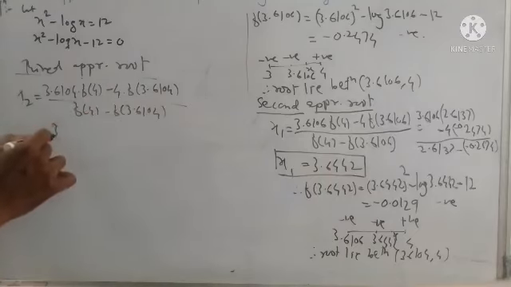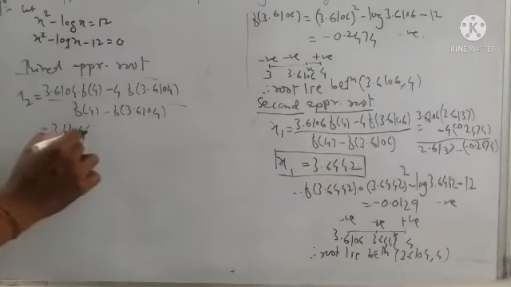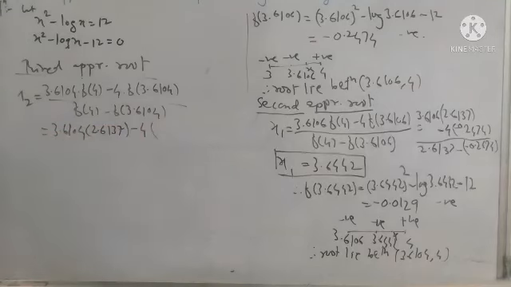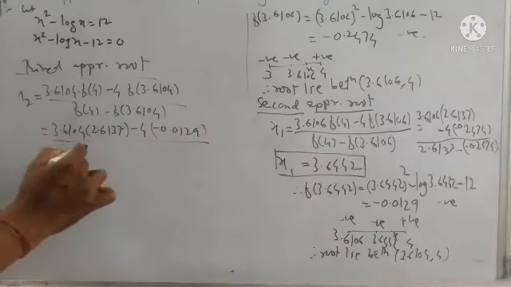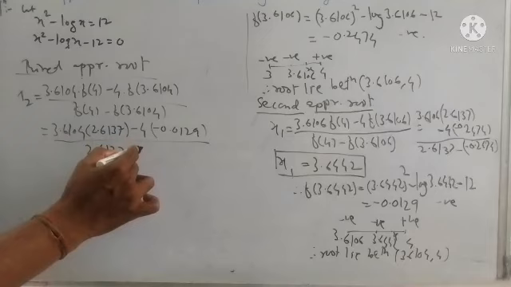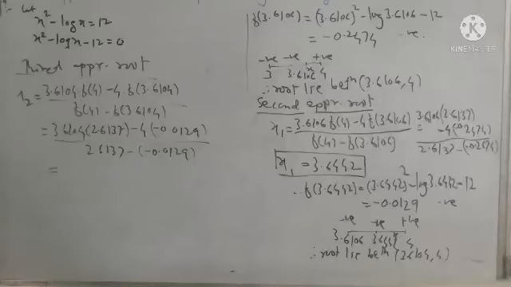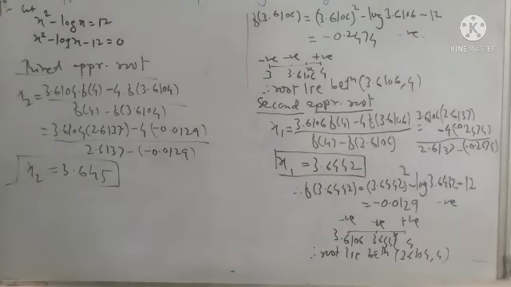By putting in the values, 3.6442 is multiplied by the function at 4, which has the value 2.6137, minus 4 multiplied by the function at 3.6442, which has the value minus 0.0129, divided by, as numerator, f of 4, denominator f of 4, 2.6137, minus the function at 3.6442, which is minus 0.0129. Using a calculator carefully we get the value of x2 as 3.645, which is our answer for the root of the given algebraic equation.